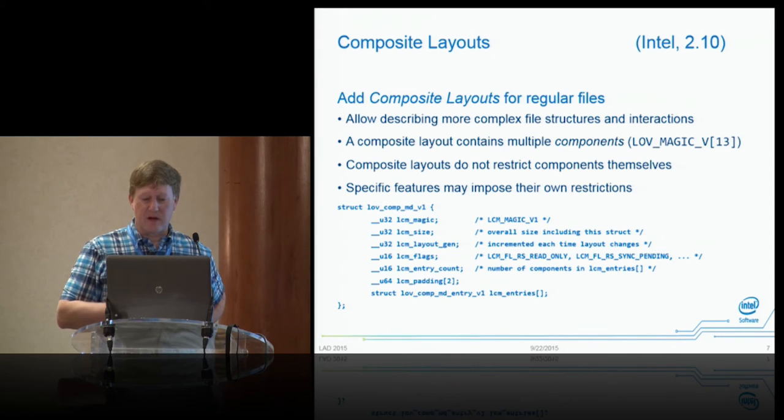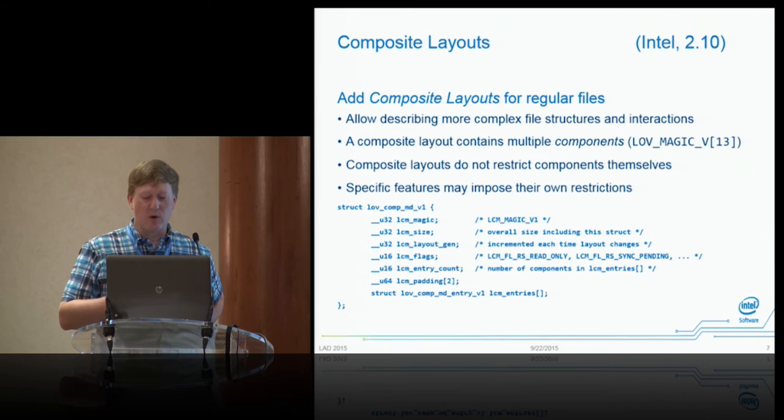The composite layout itself has a relatively flexible structure. It's essentially a series of, there's a header, and you can have a bunch of components, and what's in those components is whatever other type of layouts that Lustre understands.